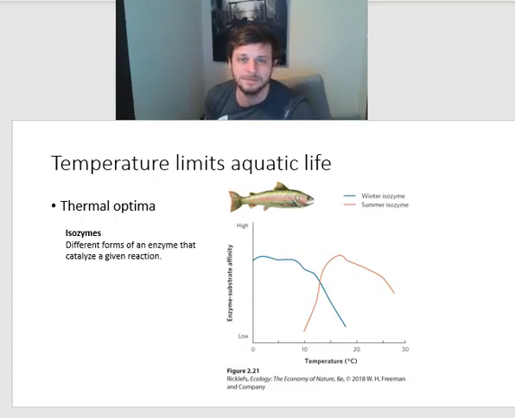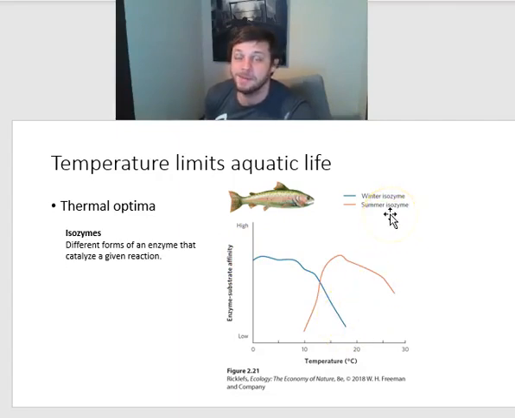Well, they have isozymes. An isozyme is an enzyme that has two different forms. And so you can see here that in this fish, you're going to have an isozyme that is active during the winter, and its activity works really good in low temperatures. As it gets warmer, its activity drops off.